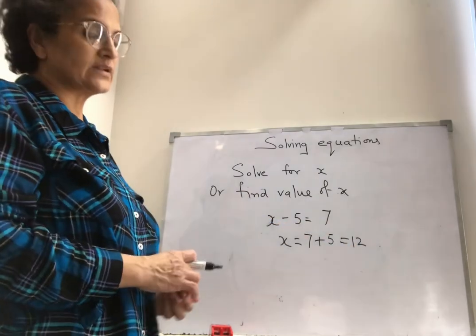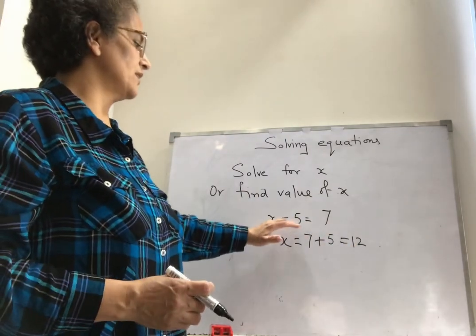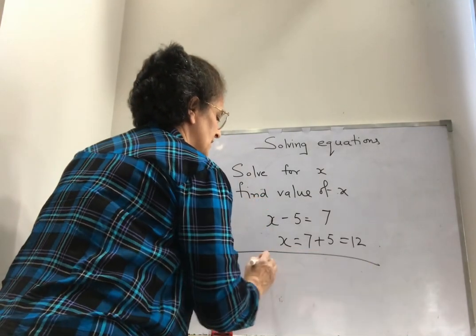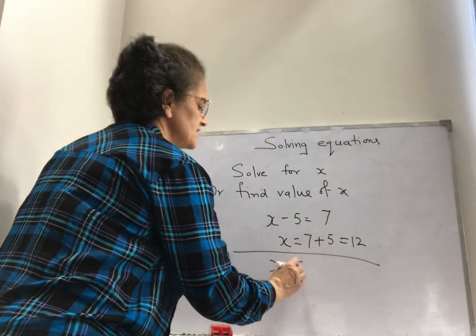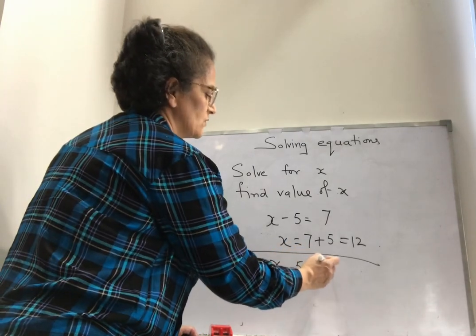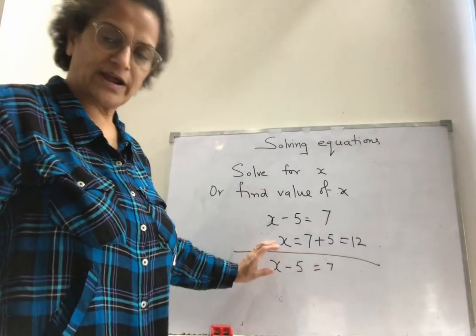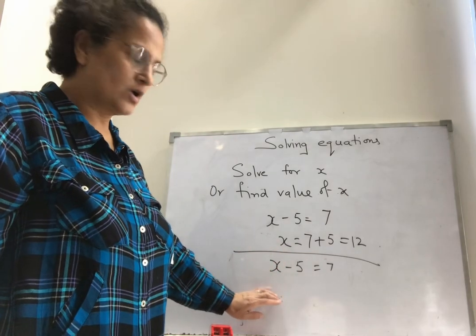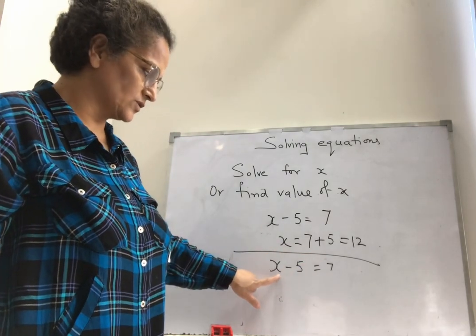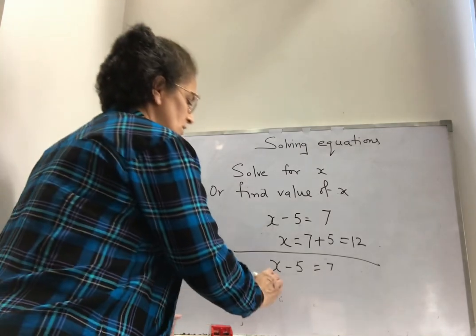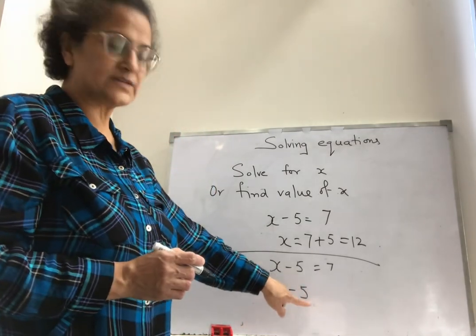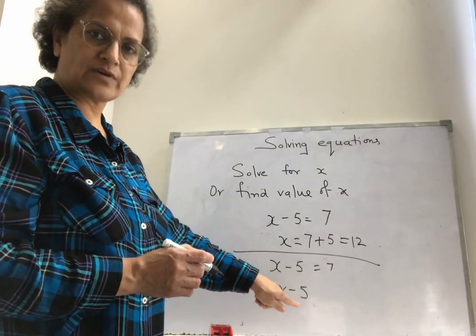Now let's understand the logic why we have done this. Now I am copying this again. This was x minus 5 and this was 7. So to find the value of x, I want x to be all alone on whatever side it is. It is on left hand side. So I want x here. I want to remove minus 5. How minus 5 can be removed?